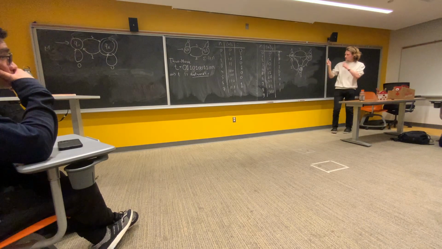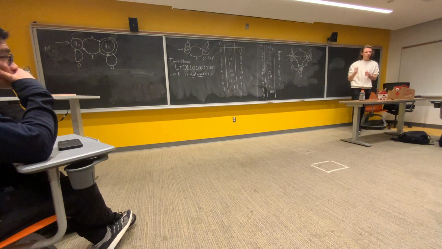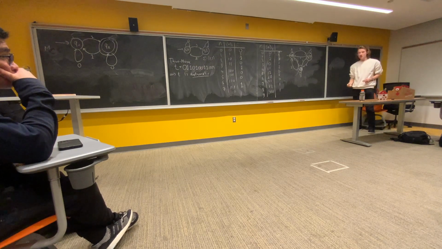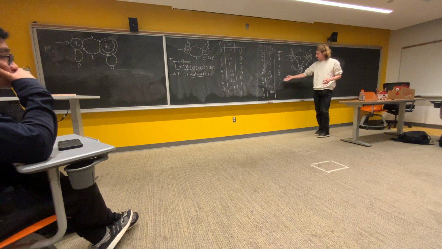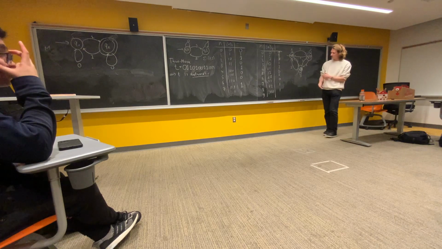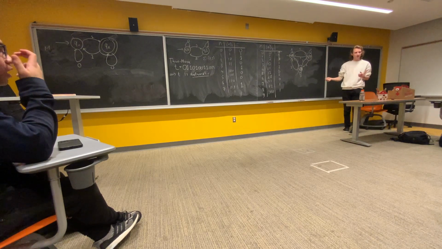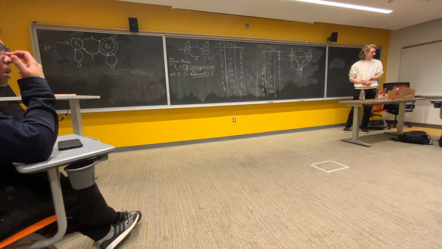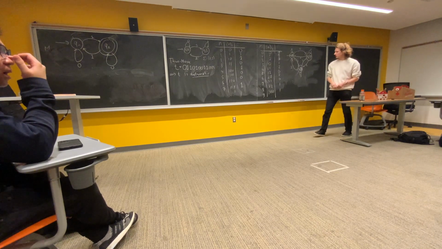There's nothing stopping me from making my output alphabet be something completely arbitrary, or my input alphabet, as long as there is a way of representing each number uniquely. So the outputs can be arbitrary.